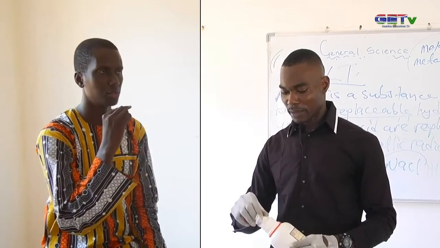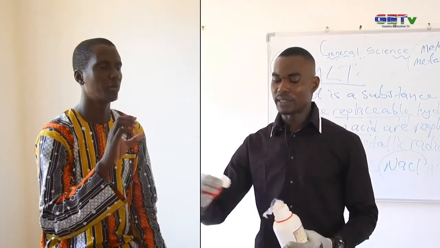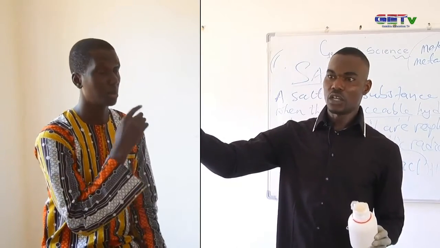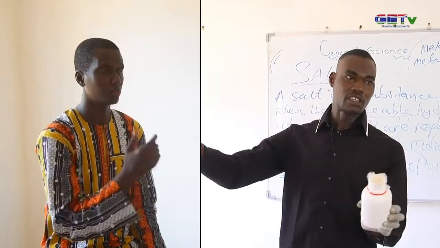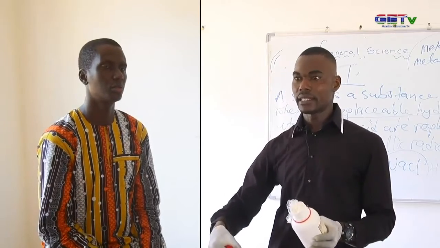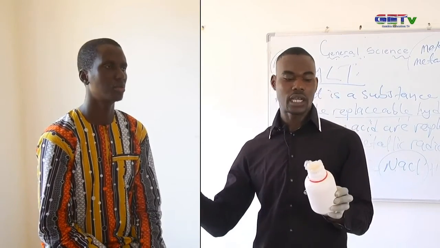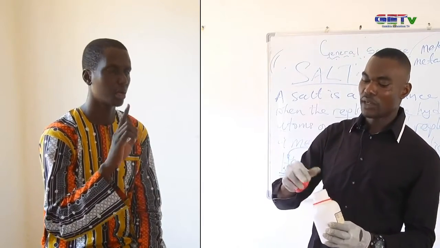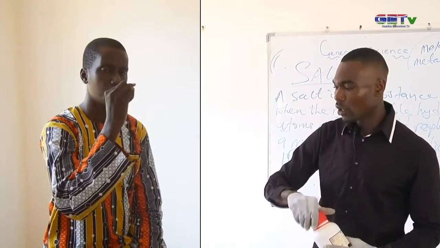Let me just take one particular pellet from there. It's called calcium chloride. It's a particular salt formed from the combination of a particular metal that is calcium and a particular acid that is hydrochloric acid. When they combine, they will give you a salt called calcium chloride. So take note, there are different types of salts. Not only sodium chloride is a salt, please.